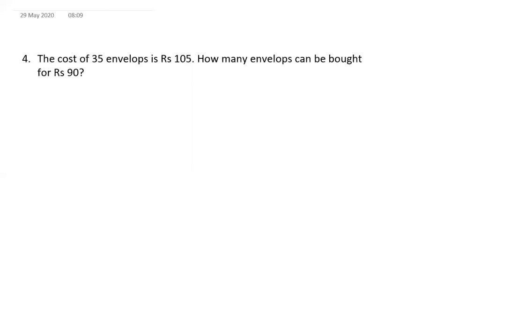So basically, first you have to find the cost of one article. Then you can find the cost of as many articles as the question is asking by multiplying with the cost of one article. Now question 4 says the cost of 35 envelopes is rupees 105.